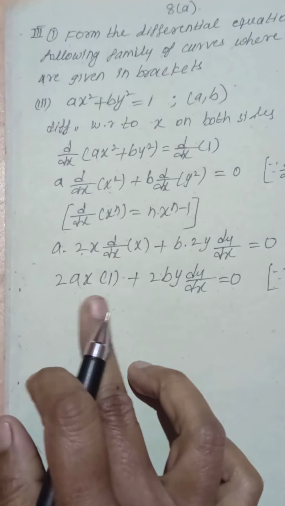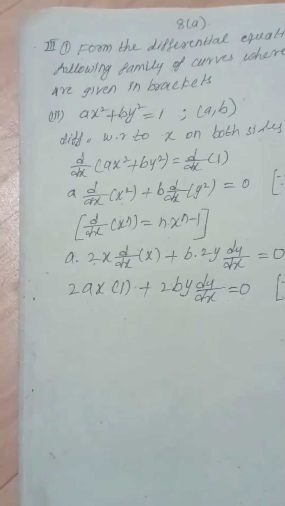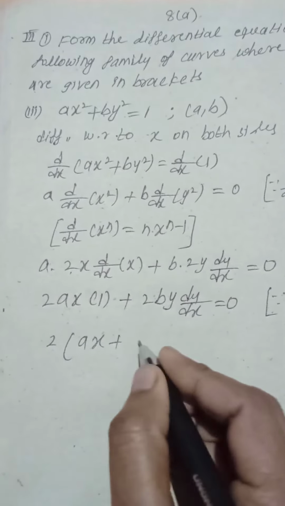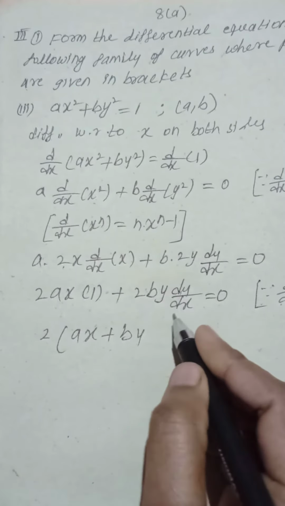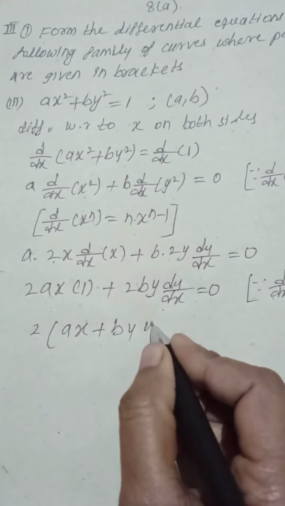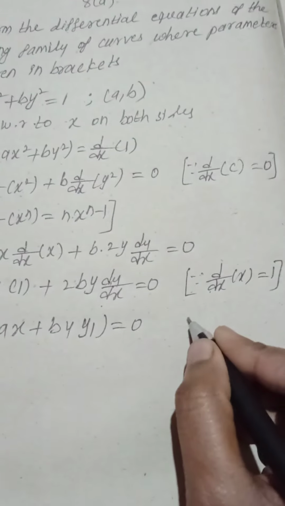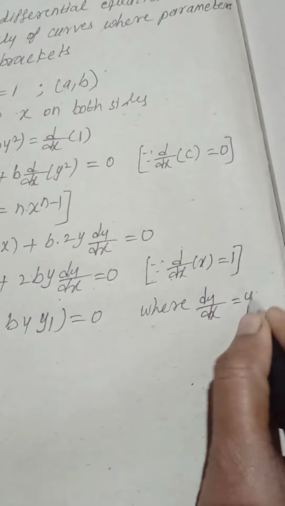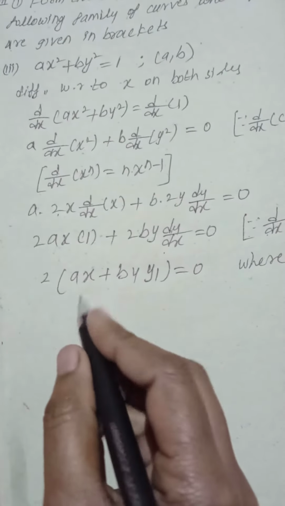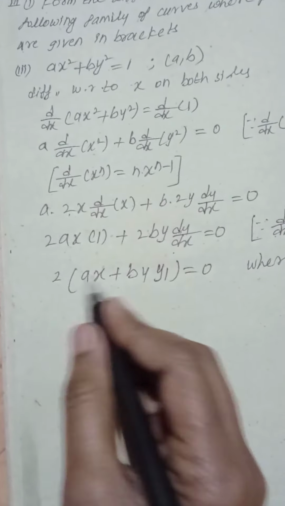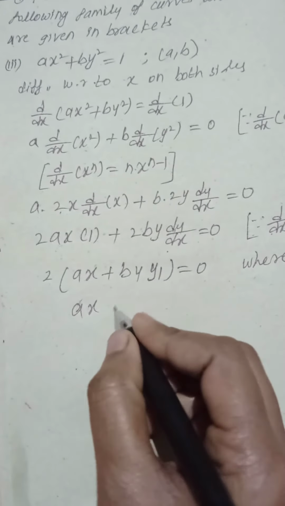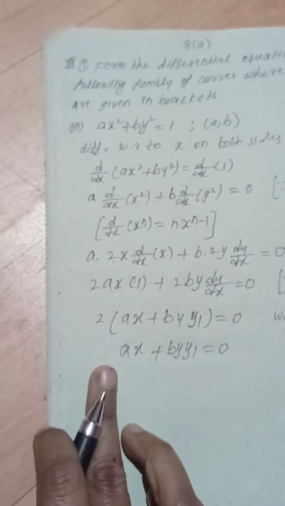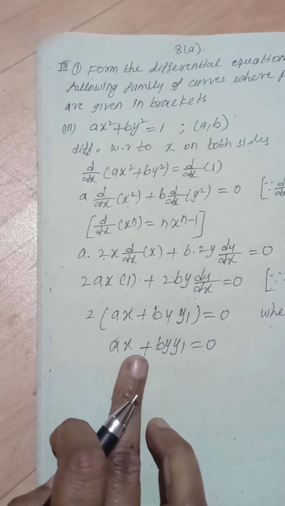In this equation 2 is constant, so take 2 common, we get ax plus by, write dy by dx as y1 equal to 0, where dy by dx equal to y1. Next take 2 to the right hand side of the equation: ax plus by y1 equal to 0. So remove a and b values from this equation.